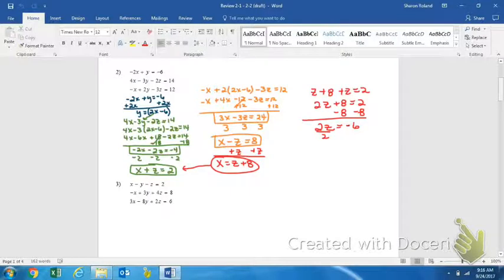Divide both sides by 2. Z is negative 3. Okay, I'm going to plug that into x plus z equals 2. And I'm plugging it into the green one, so I'm going to write it in green. And that's x plus a negative 3 equals 2. Add 3 to both sides. X equals 5.